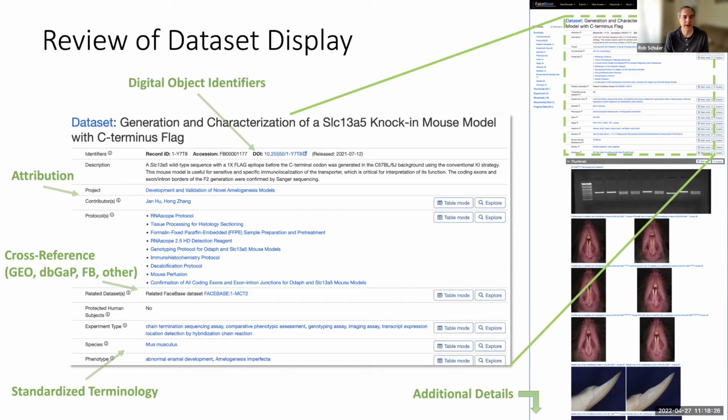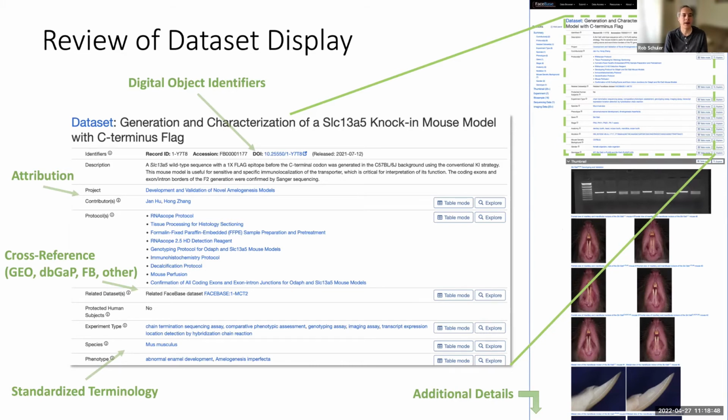So it begins with the title on top, and then it has the official identifiers in FaceBase, and then attribution information, which includes the title of your project, which is oftentimes a particular study or investigation, something that you might have an abstract to describe it overall.